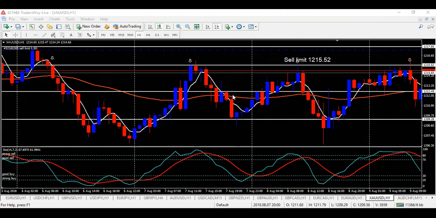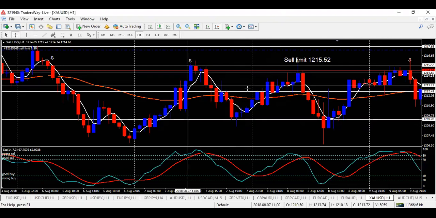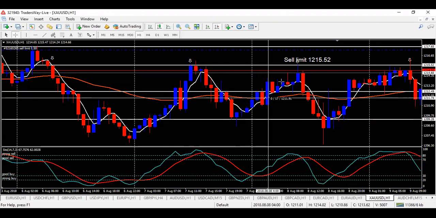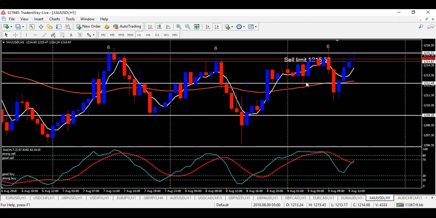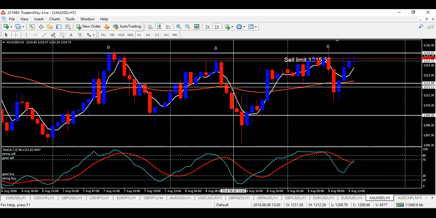Like right here, for example, the 4 and the 50 crossed, right? It didn't loop back around. So once it crossed, it gave you 38 pips right here on its way down. If you would have sold as soon as they crossed, that gave you 56 pips over here.